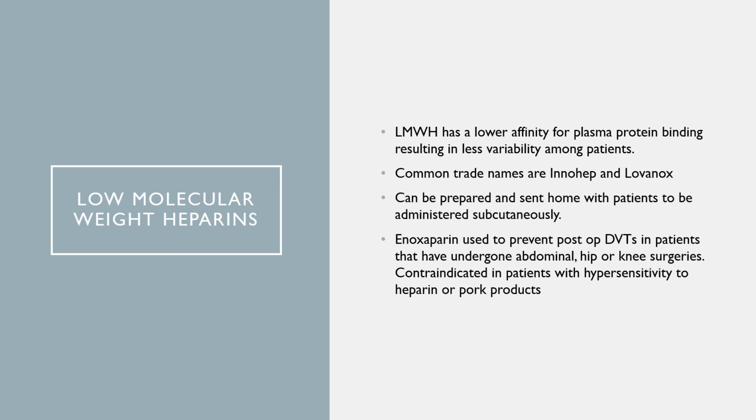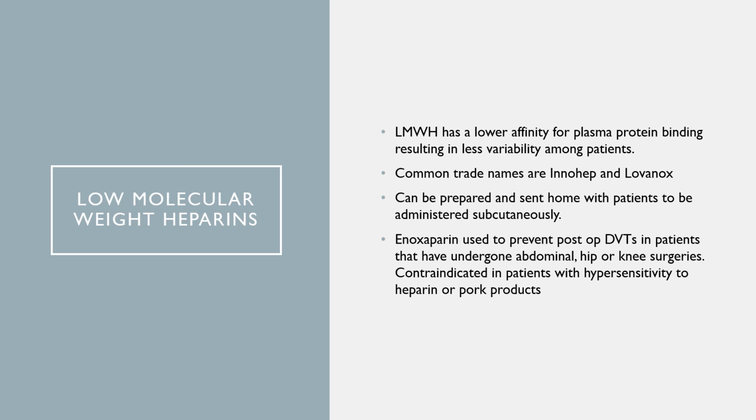Okay, low molecular weight heparins, LMWH, have a lower affinity for plasma protein binding, resulting in a lot less variability among patients. The common trade names for these are Innohep and Lovenox. These can be prepared and sent home with patients to be administered subcutaneously.